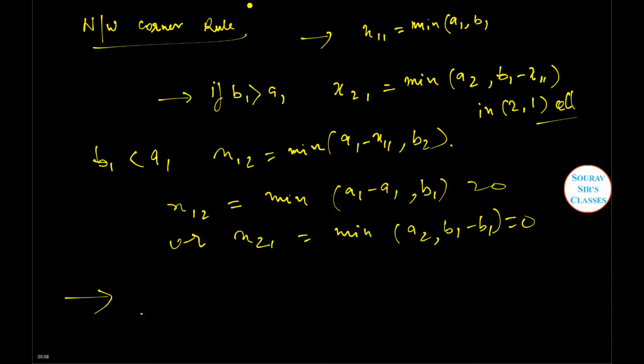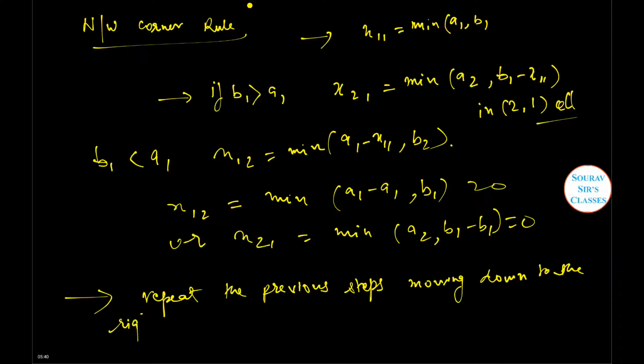Now step 3, repeat steps 1 and 2 moving downwards to the lower right corner of the table until all the requirements are satisfied.